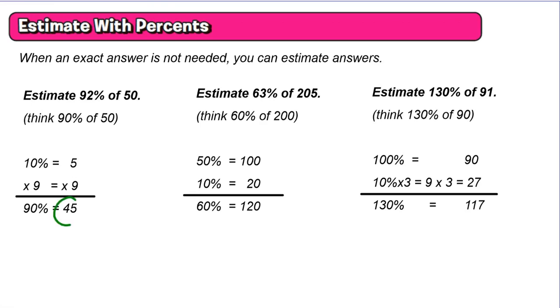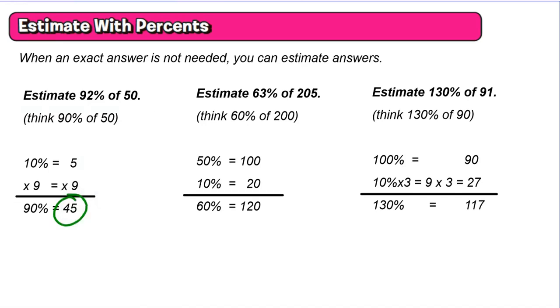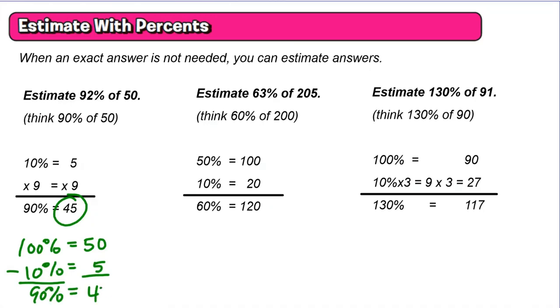So 5 times 9 then is 45. I also could have used the 10% benchmark and just subtracted it from 50. So 100% of 50 is 50, and if I take away 10%, that's going to give me 90% as well. So we can use subtraction as well as addition to find percents. So 2 different ways to get to 90% there. 10% times 9 or 100% minus 10%. Again, there's a lot of freedom here in estimating these, so I'll leave that up to you how you like to do that.